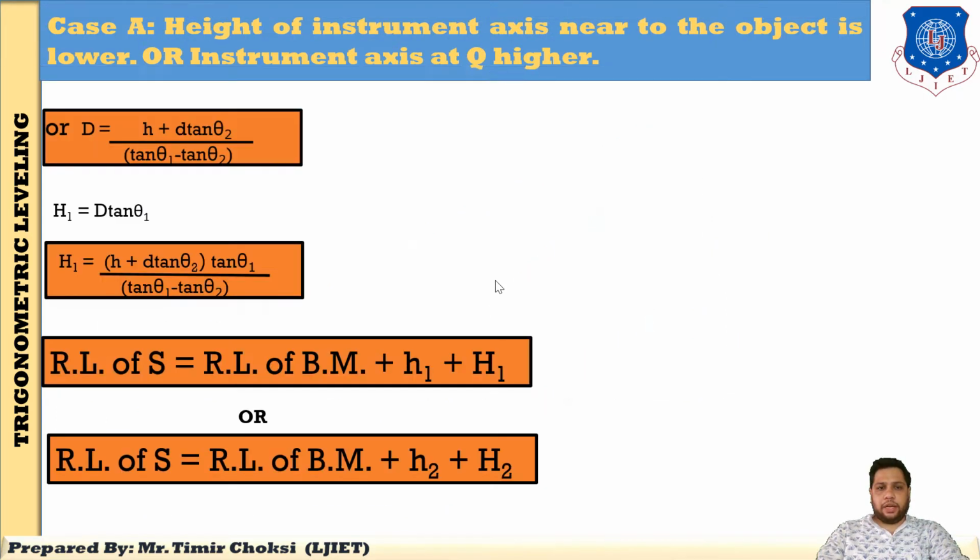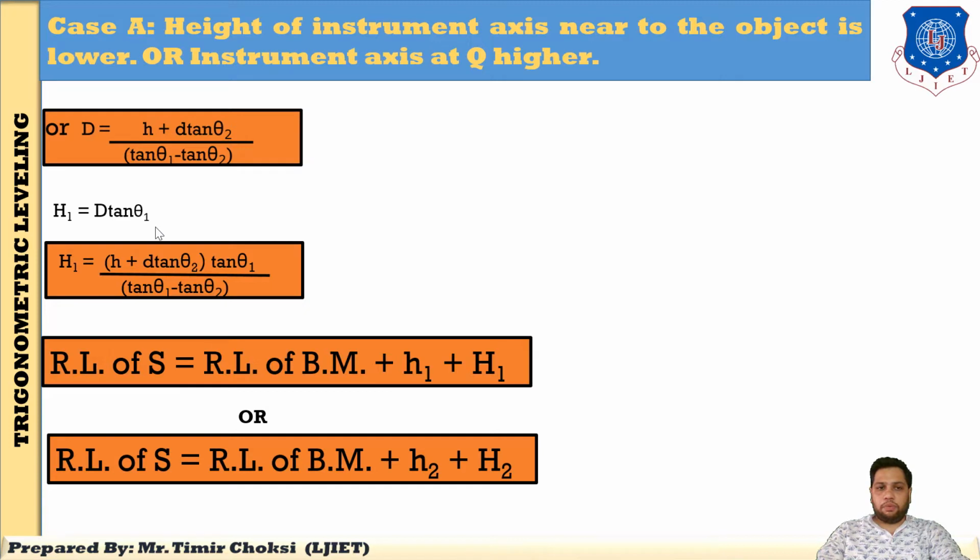So remember this formula for case A. Take a notebook and first write this formula: capital D equals H plus small d tan theta 2 divided by tan theta 1 minus tan theta 2. Put the value of D directly in the equation and you get the answer of H1.